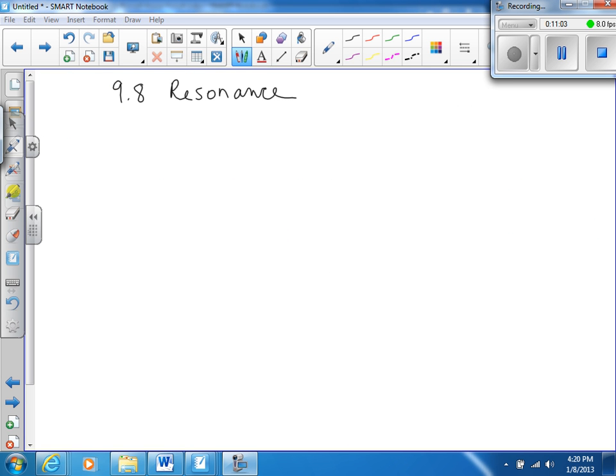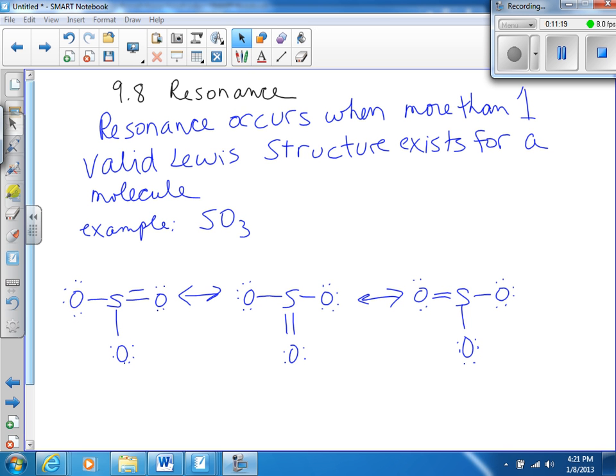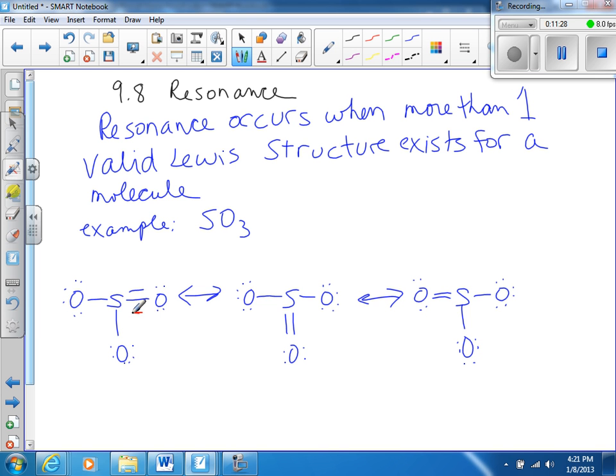Okay, and now we're moving on to section 9.8, which is resonance. Resonance is something that occurs when a bond in a molecule can move between different places within the molecule, and now I'm about to show you what that looks like. So here we have SO3, and you should notice that in SO3 the double bond can be on the right side, on the bottom, or on the left side.